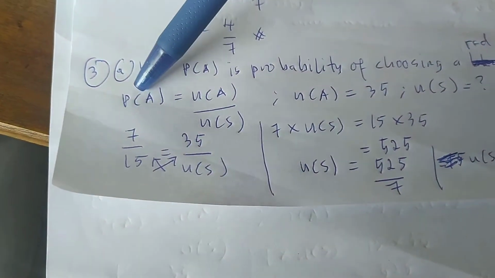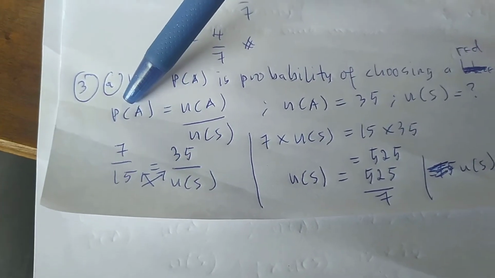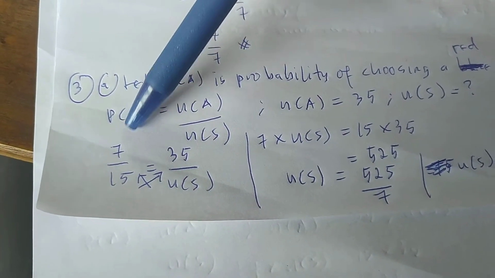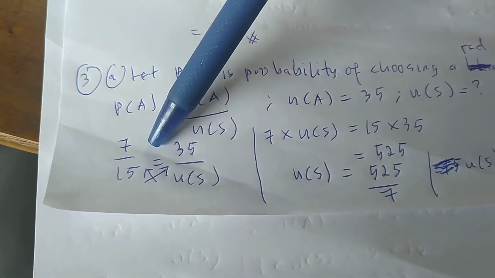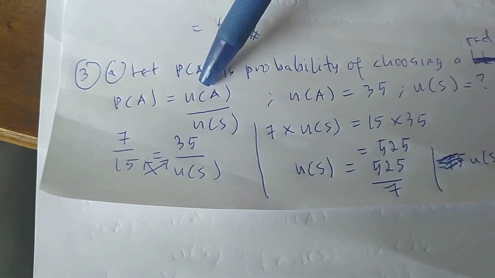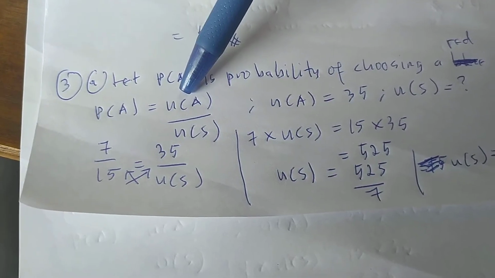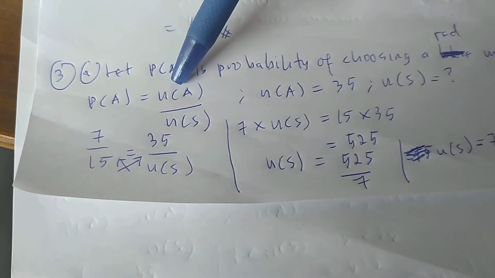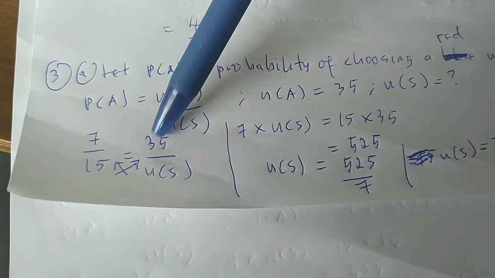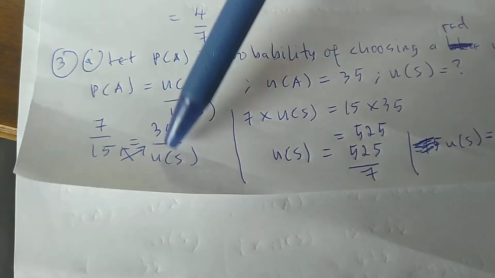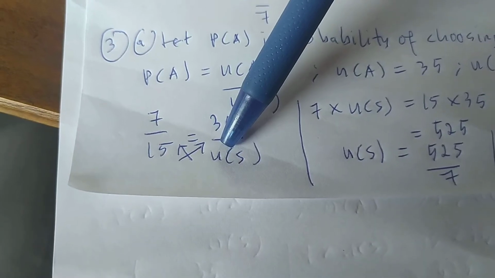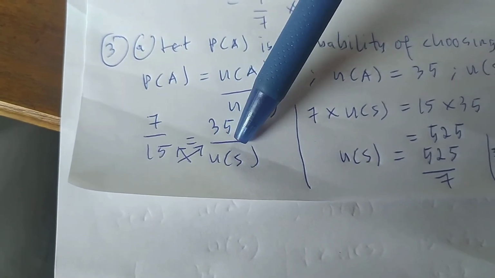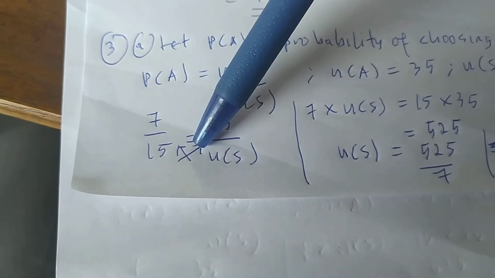The probability of getting a red marble we know, which is 7/15. You substitute: 7/15 equals n(A), the number of the red marble, equal to 35, so substitute with 35, divided by n(S), which we don't know. So what to do?